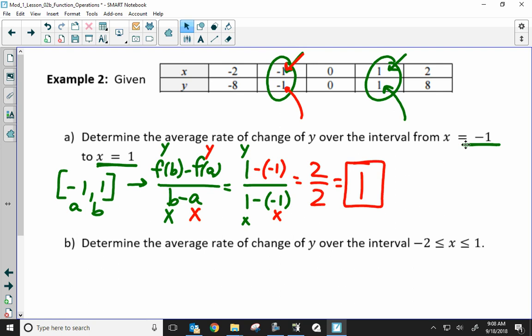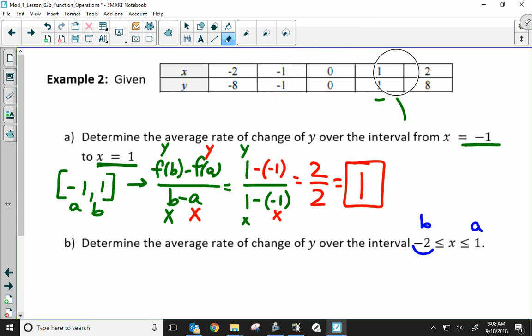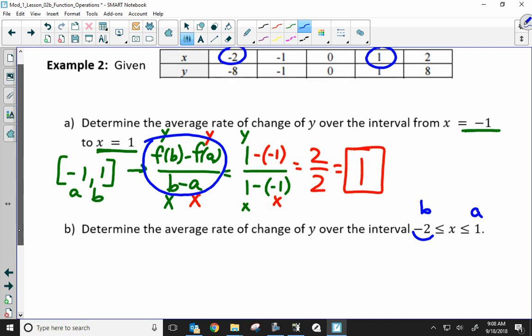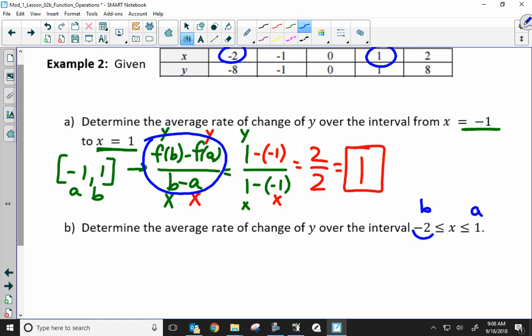Now, they want us to do the same thing for part B, but this time they give us from negative 2, yeah, that's my B value, to 1. So now I'm going from negative 2 to 1, that interval. Now, I'm not going to rewrite this every single time, okay? I have 2 points, don't I?